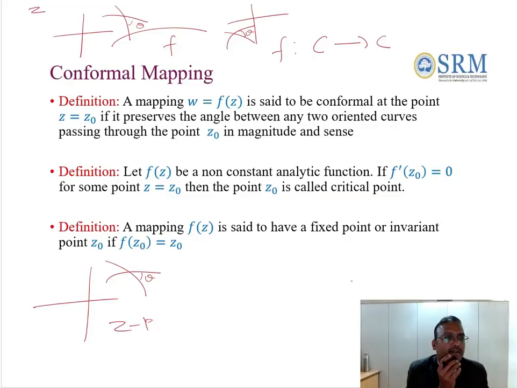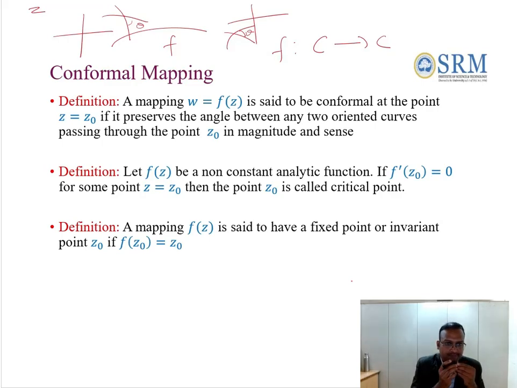Okay, fine. Then the next definition is a critical point. Suppose f of z is a non-constant analytic function. If any point at which f dash of z equal to 0, then such a point is called a critical point.